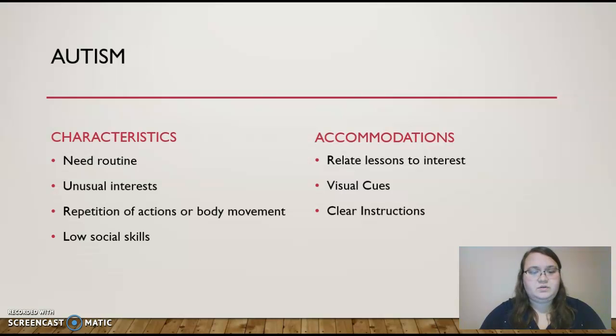Use visual cues. Kids with autism don't like change, and uncertainty is stressful to them, so making a visual for them to see makes it easier and less stressful. Having clear instructions, brief and to the point, is better because lengthy instructions allow them to get bored and lose interest.